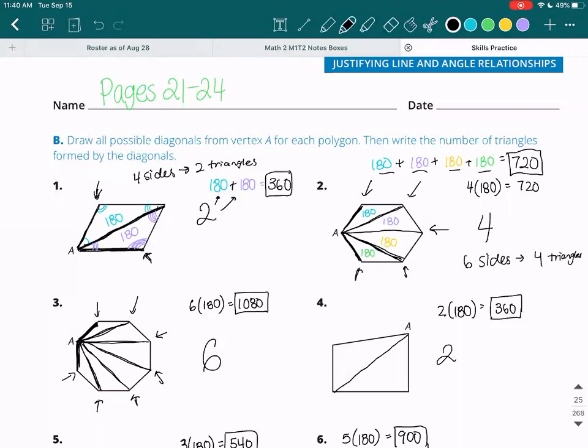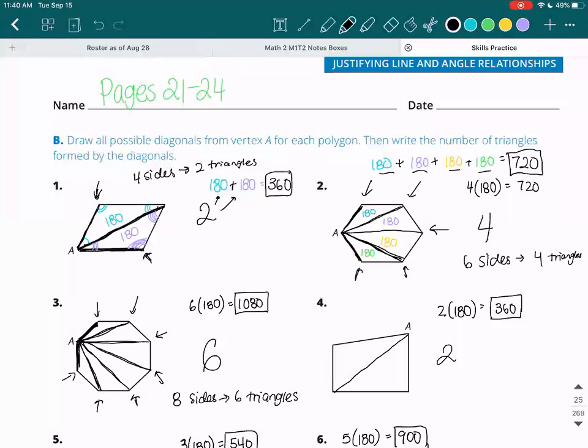Number 3 has 1, 2, 3, 4, 5, 6, 7, 8 sides, which gives us 6 triangles. In each case, the number of triangles that you have is 2 less than the number of sides you have.